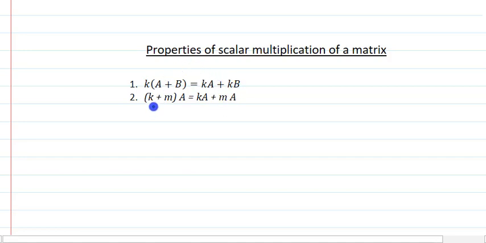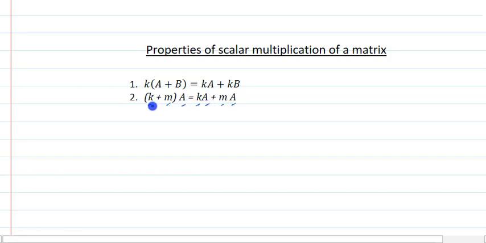And in the second property, we have two scalars, let us say K and M. Either we can add these two scalars first and then multiply with the matrix A, or multiply K with matrix A and M with matrix A separately and then add, and again we have the same result.